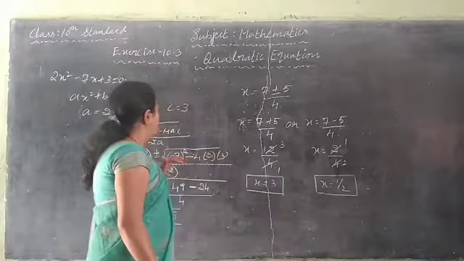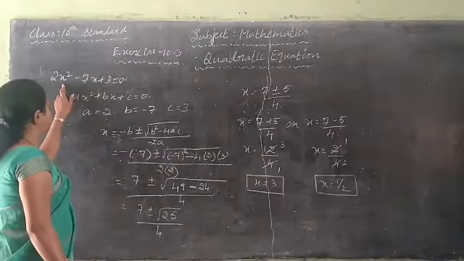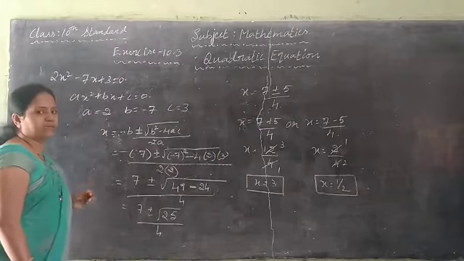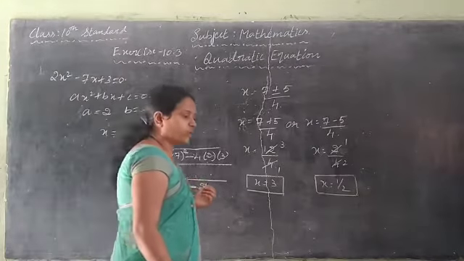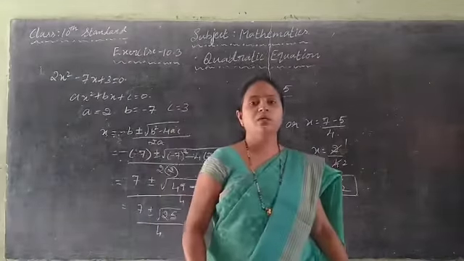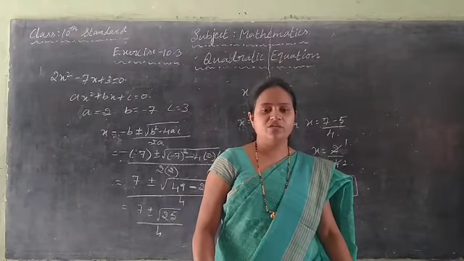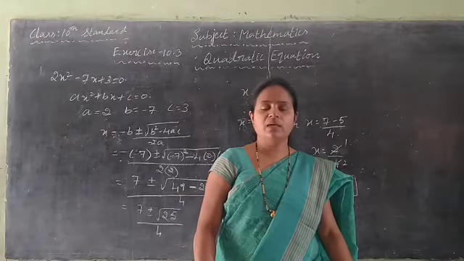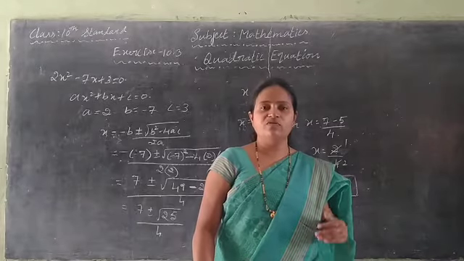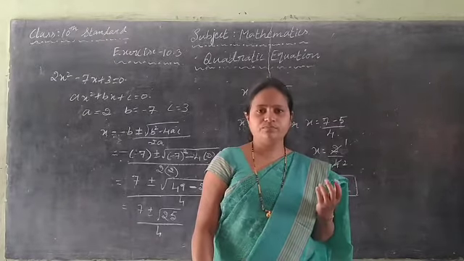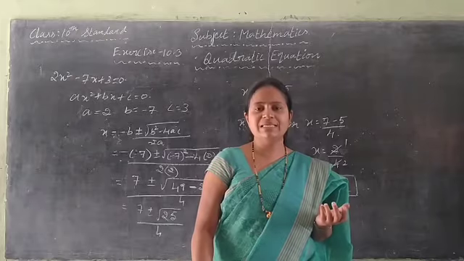Okay. See here, 2x square minus 7x plus 3 is the given problem. First we compare this with the general form of the quadratic equation, that is ax square plus bx plus c is equal to 0. After that, we write the values of a, b, c.